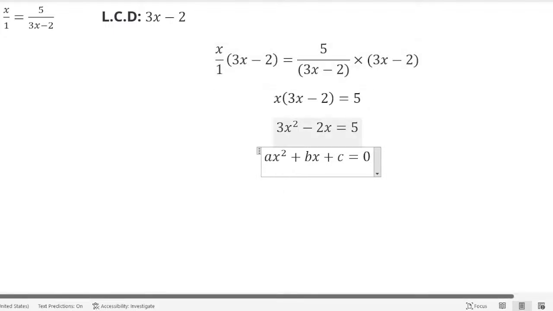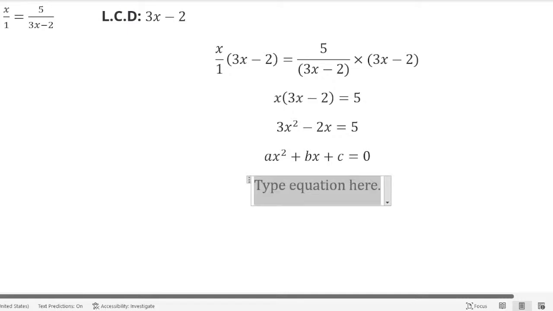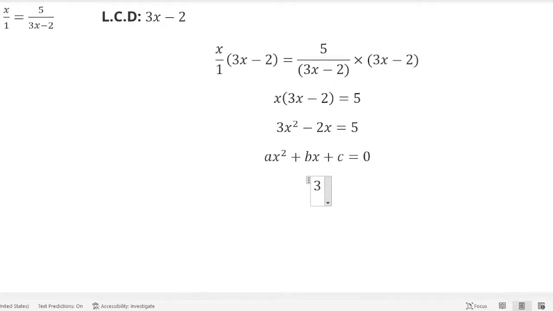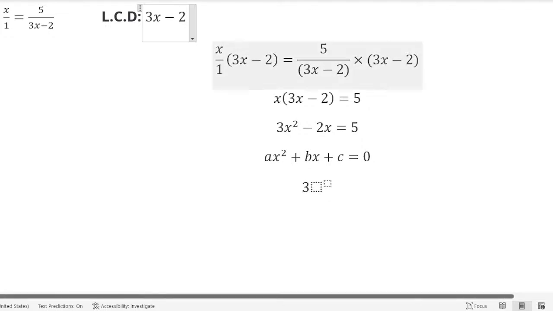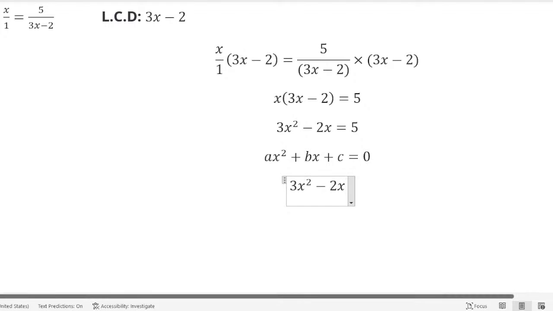So now let's write 3x squared minus 2x is equal to 5 in the form of ax squared plus bx plus c is equal to 0. Then it will become 3x squared minus 2x. Then remember, when you're transposing, this is a positive 5.